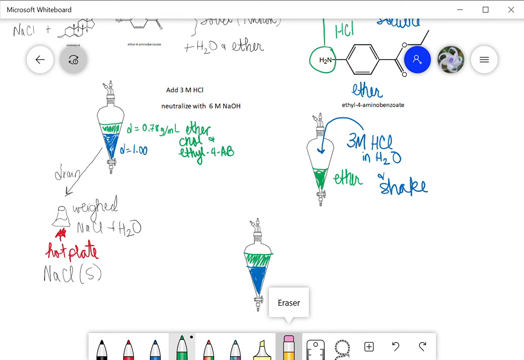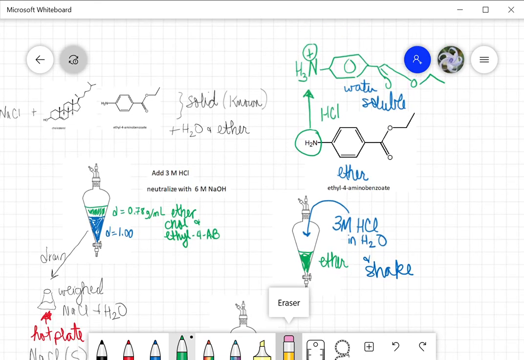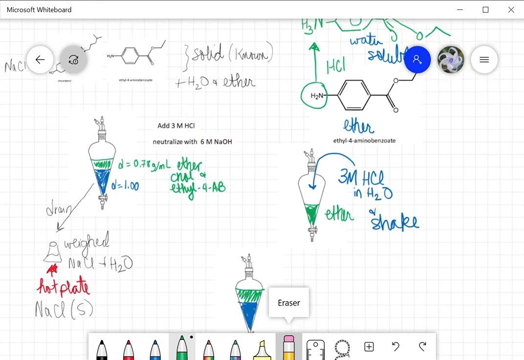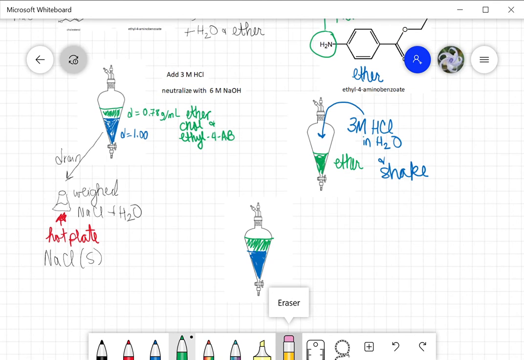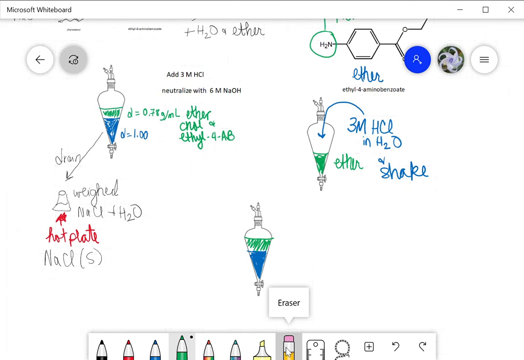So now we need to ask ourselves, where is the protonated version of the ethyl 4-amino benzoate going to be? That's going to be down here in the water layer.